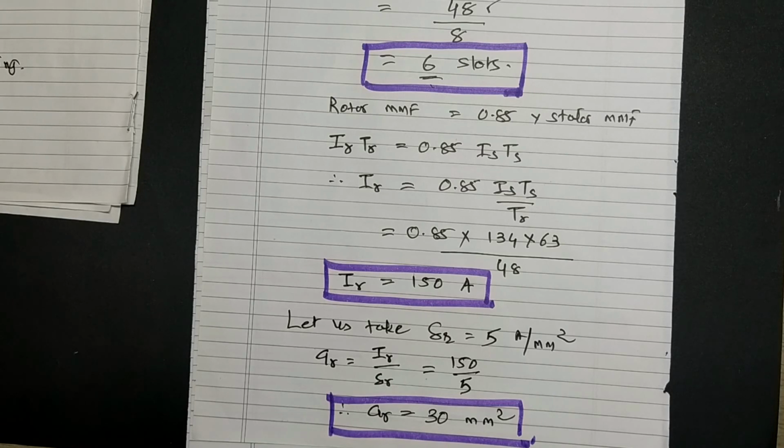Let us summarize. Based on the values we had been given, we need to design our slip ring type of rotor. So we calculated the rotor current, then based on the rotor current we calculated the cross-sectional area of the rotor winding.